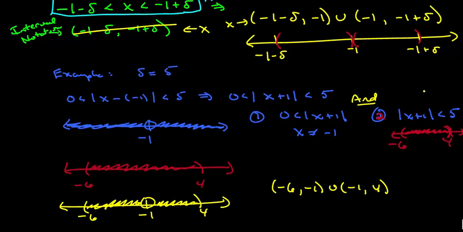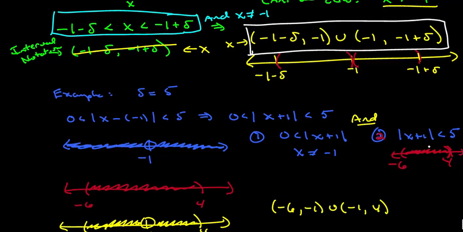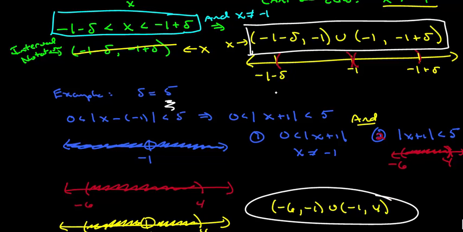Now let's check if our answer from above works with that delta value. Remember, this was our answer. If we plug in a delta value of 5, do we get this same thing down here? Well, let's check. If I plug in 5, that'll be -1 minus 5, comma, -1, union -1, comma, -1 plus 5.